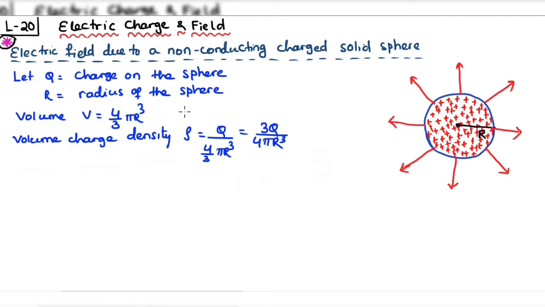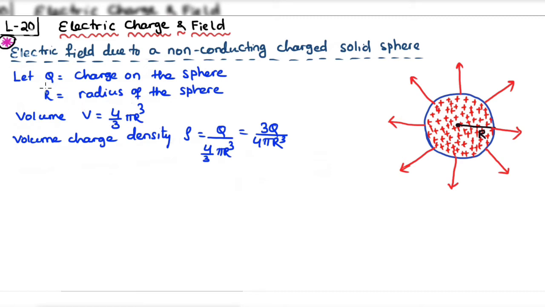And here we have taken a non-conducting sphere, meaning it is made from a non-metal like glass, rubber, wood, etc. And the charge is distributed uniformly over the entire volume. In case of a spherical shell, the charge was distributed over the surface of the shell, but here the charge is distributed over the entire volume of the sphere.